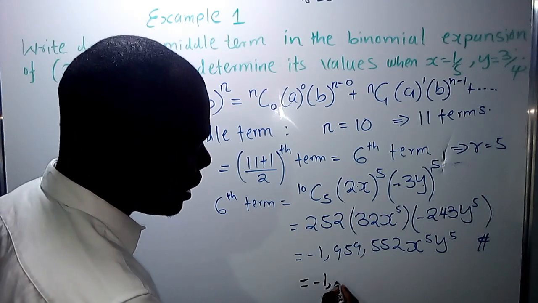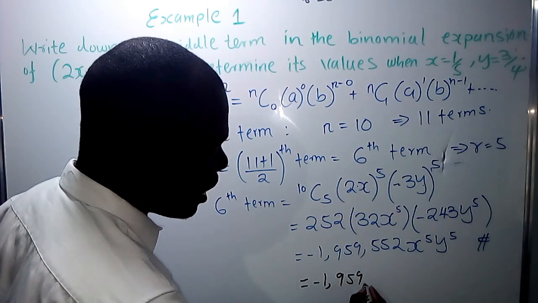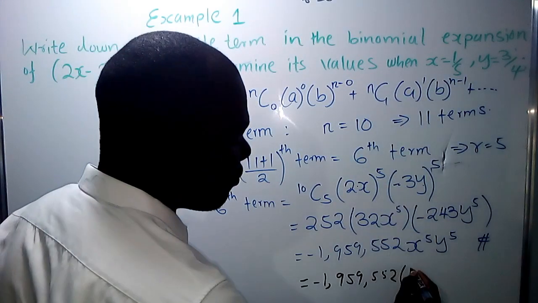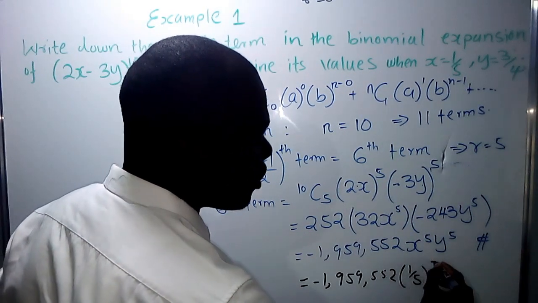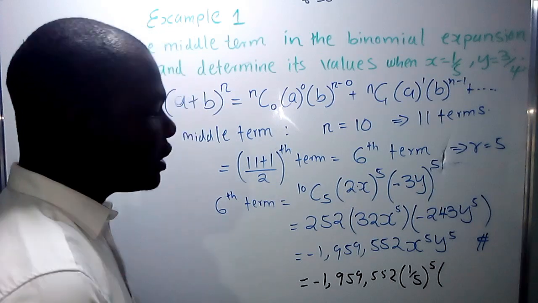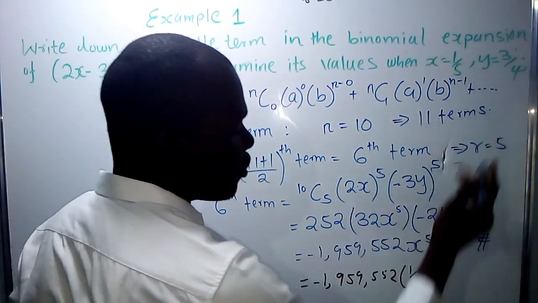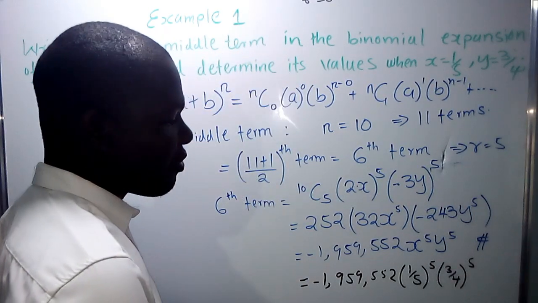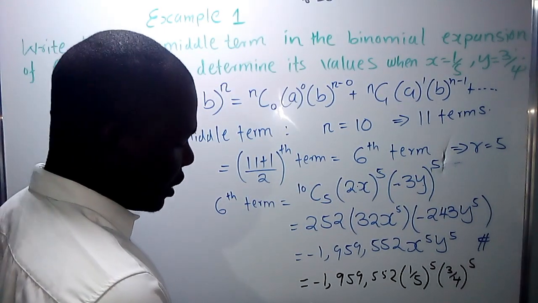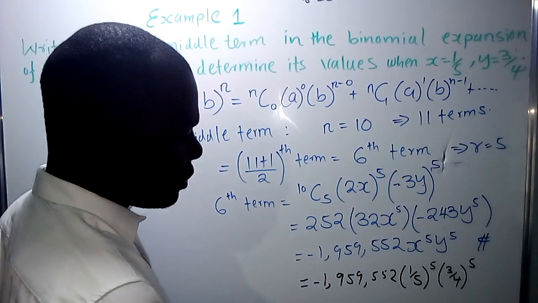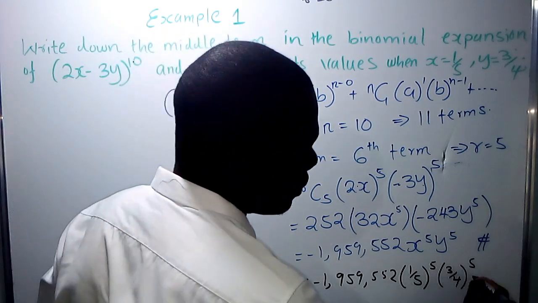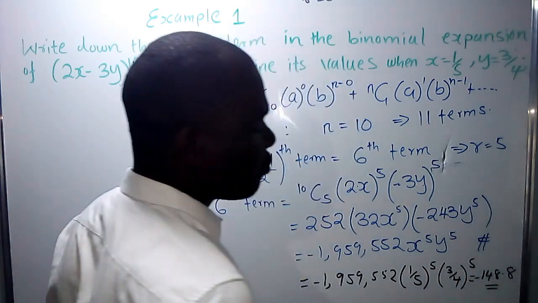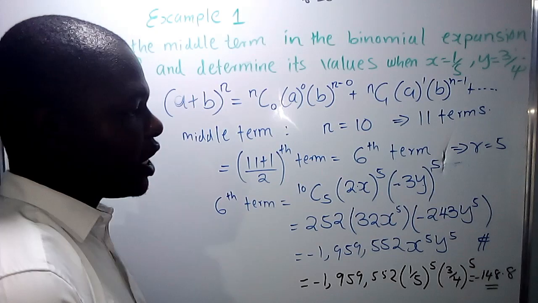So we are going to get negative 1,959,552, then our x, which is 1/5, raised to power 5, and our y, which we've been told to take as 3/4, raised to power 5. If you work that out, you will get approximately negative 148.8.